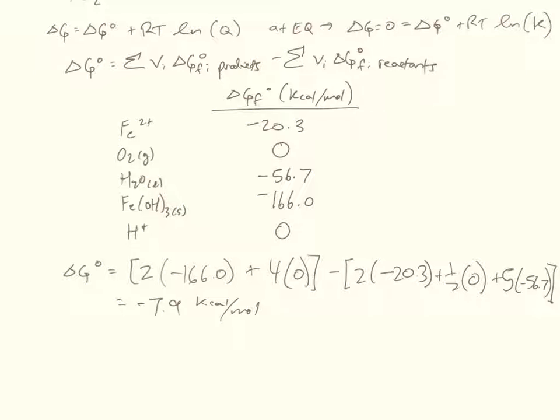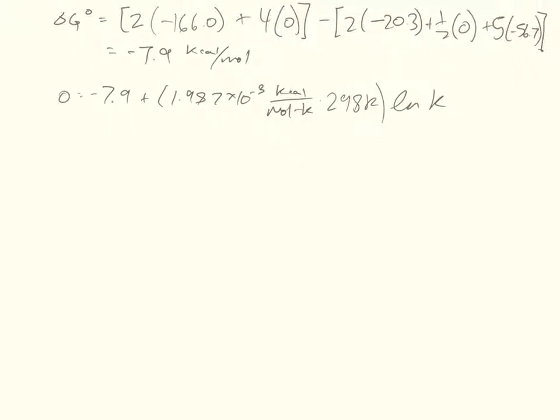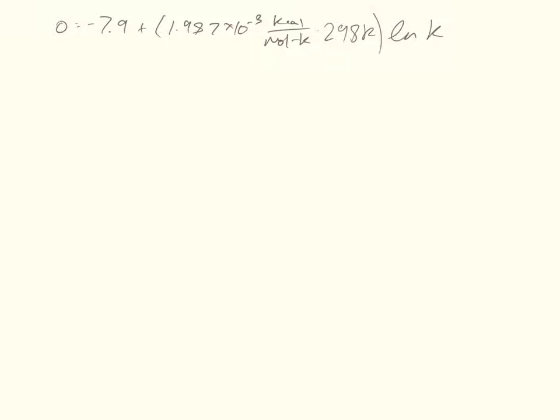So I have 0 equals negative 7.9 plus R, which in these units we can look up and see it's 1.987 times 10 to the negative third kilocalories per mole Kelvin, times T, where in ambient conditions we're going to assume 20 degrees C or 298 Kelvin, times natural log K. And so now we are going to solve for K and find that K equals 6.23 times 10 to the 5th.